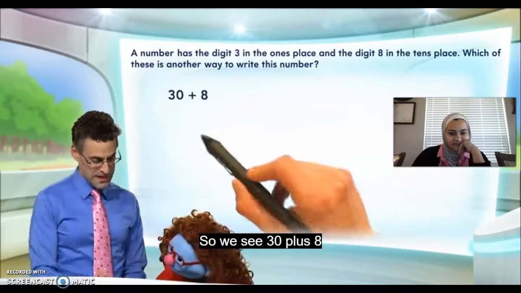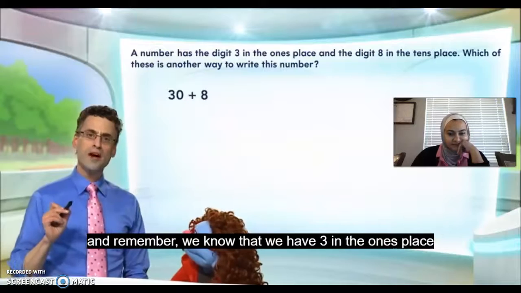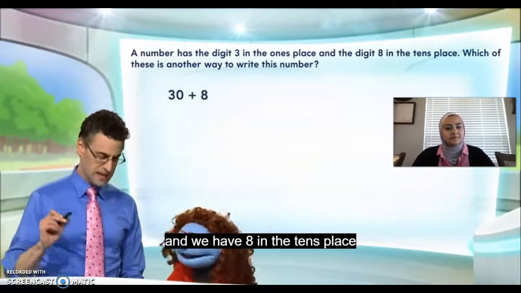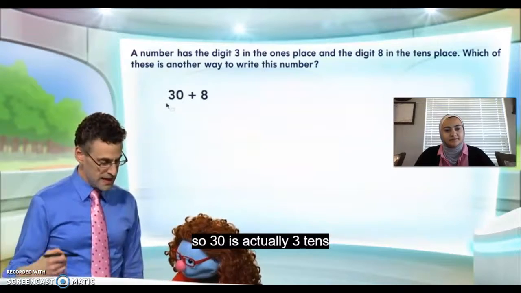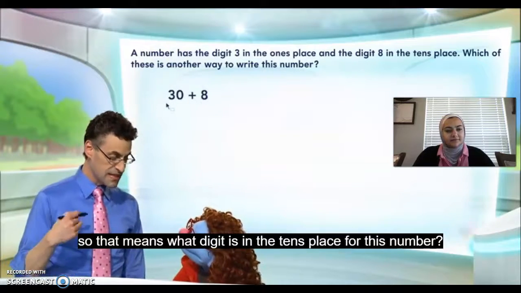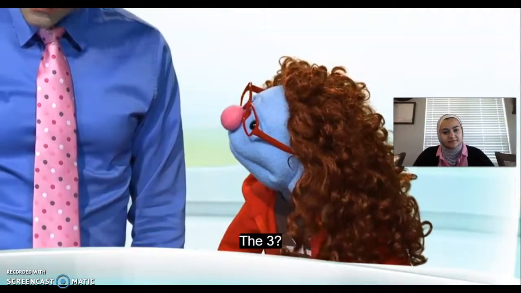So, we see 30 plus 8. And remember, we know that we have 3 in the ones place, and we have 8 in the tens place. So, 30 is actually 3 tens. So that means, what digit is in the tens place for this number? The 3? Exactly.